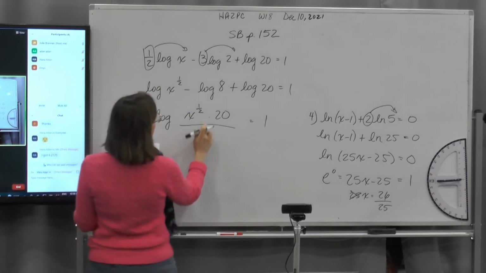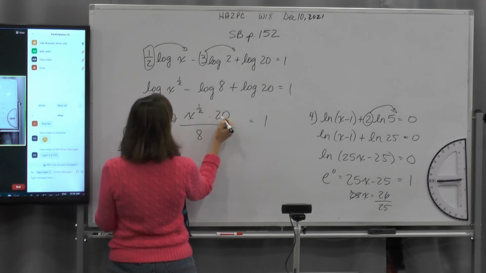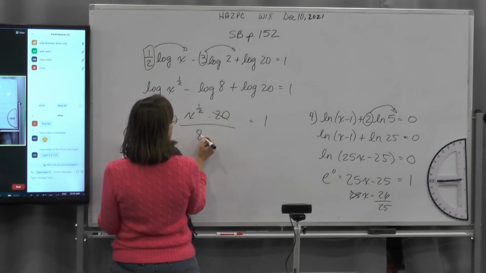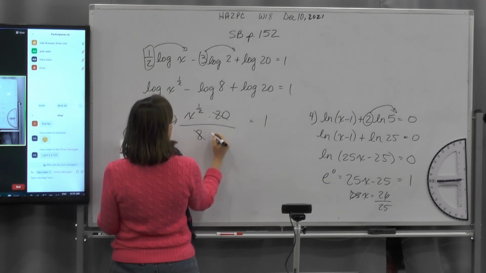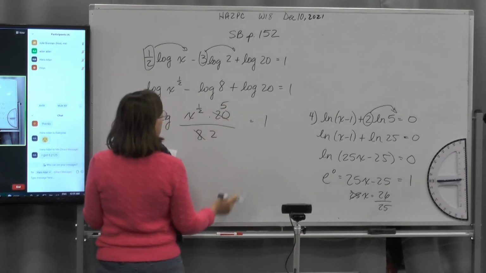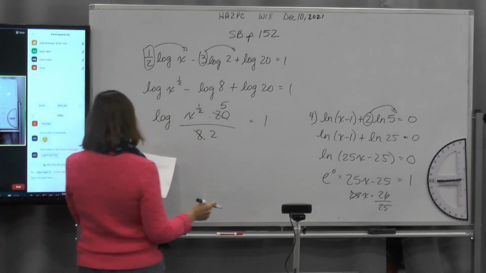So, I could take out a 4 out of this one, if this is times 20, right? Let's say divide by 4. That leaves me 5 there. Maybe simplify it a little bit.